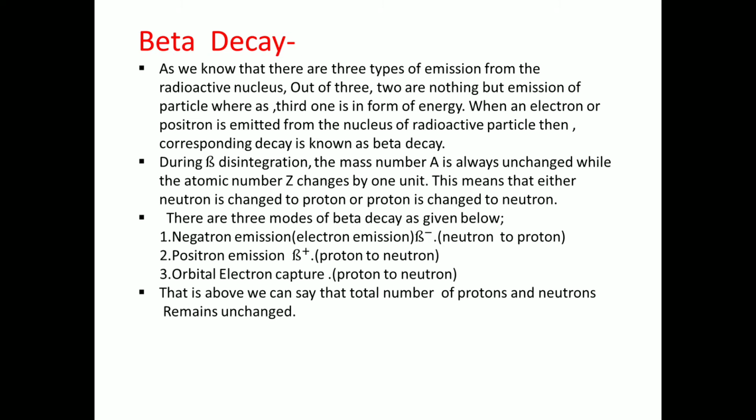As we know, there are three types of emission from the radioactive nucleus. Out of three, two are nothing but emission of particles, whereas the third one is in the form of energy.